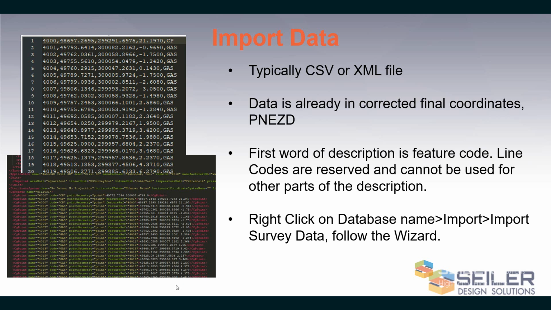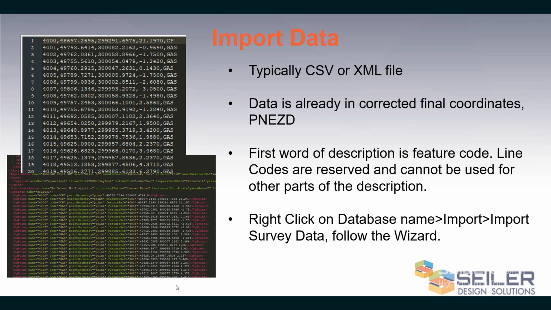As far as your feature code goes, the first word of the description is your feature code. So you can have as many words as you want in your description, but Civil 3D looks at that first word and treats that as your feature code. So when you're coding these in the field, always make sure your first word is feature code. Next ones, you could be line code and so forth. I'll show you some examples on that as we get in.